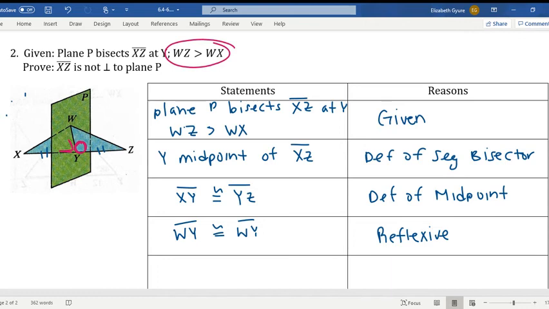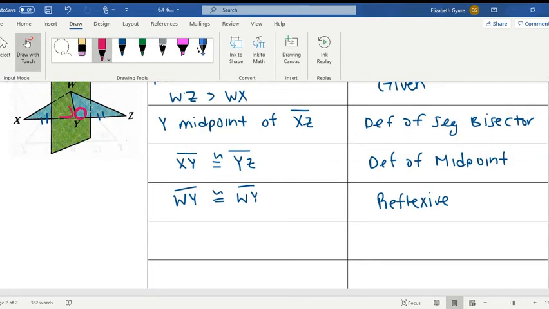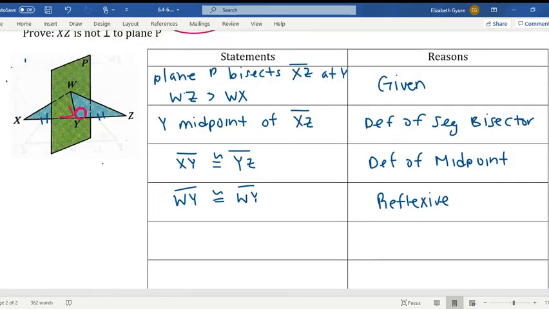I'm going to be able to imply that, right? So that's what we're going to say next. We are going to say that the measure of angle WYZ is greater than the measure of angle WYX, and that is our side inequality theorem.